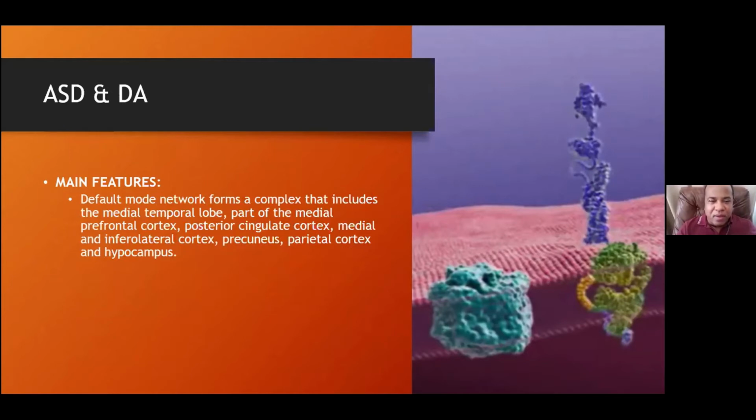Okay. So to address the main characteristics and the metabolic pathway that will be shared by Alzheimer's disease and individuals with autism, we have the presence of the default mode network. The default mode network is a complex formed by a pool of areas inside the brain. For example, the temporal lobe, part of the medial prefrontal cortex, posterior cingulate cortex, medial and inferolateral cortex, precuneus, parietal cortex, and hippocampus.